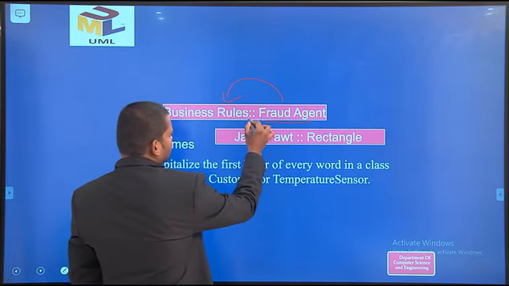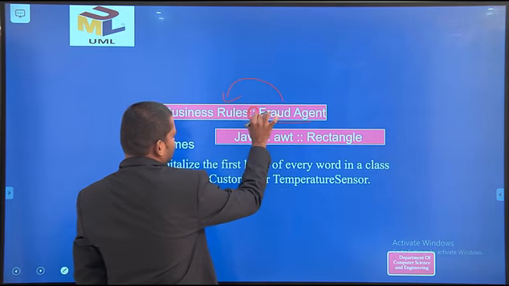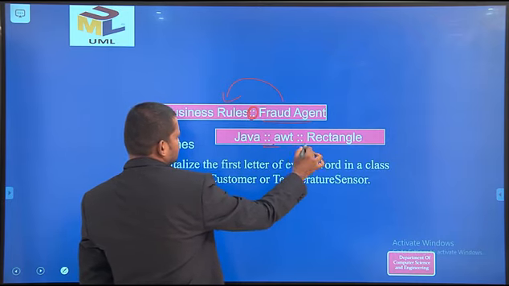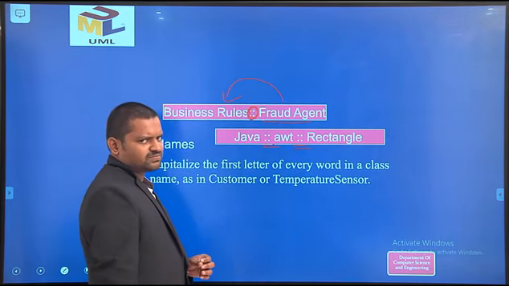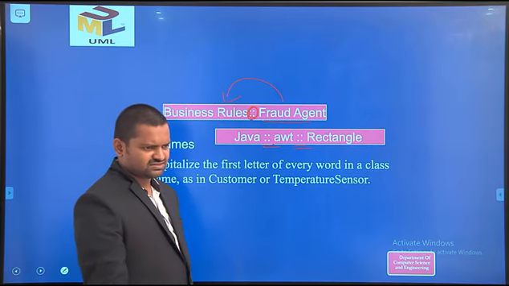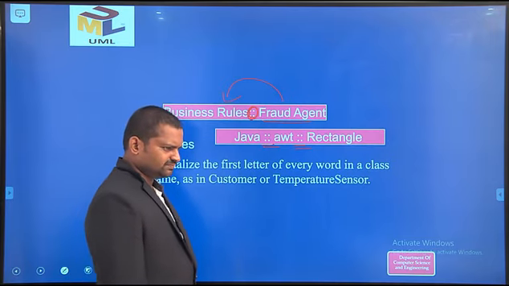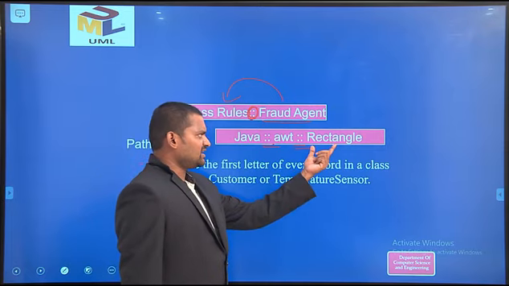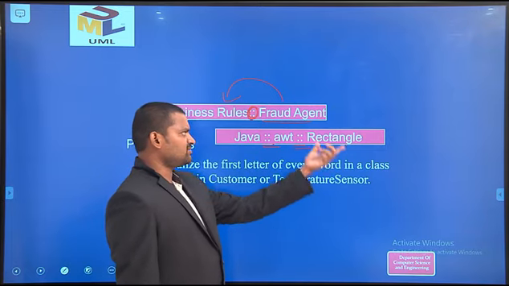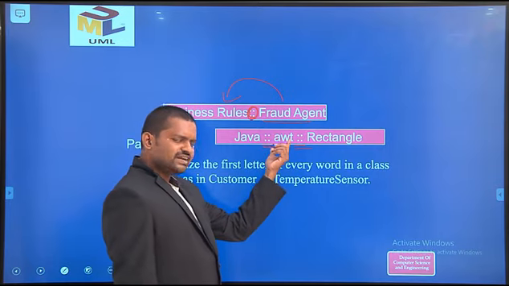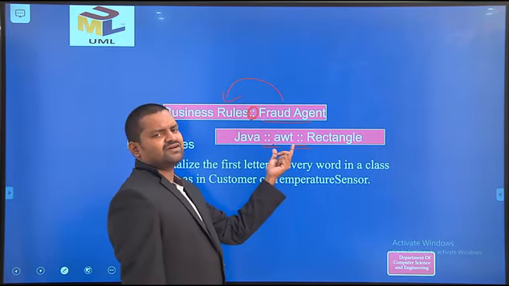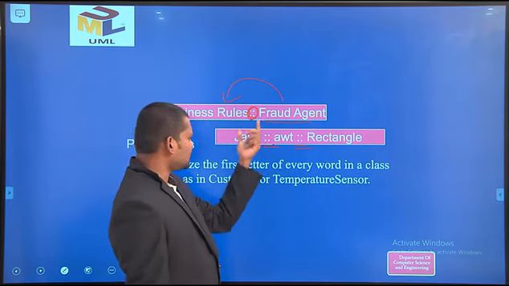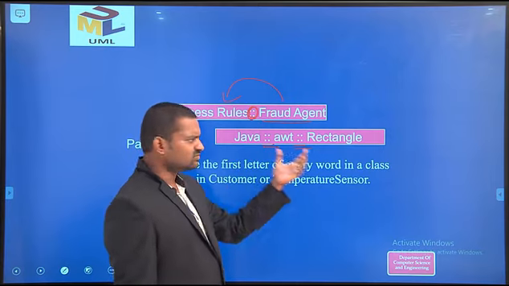So with the help of the scope resolution operator, which is available in C++ and Python also. Rectangle is a class which is available in the sub package AWT. This AWT package is available in the Java class.